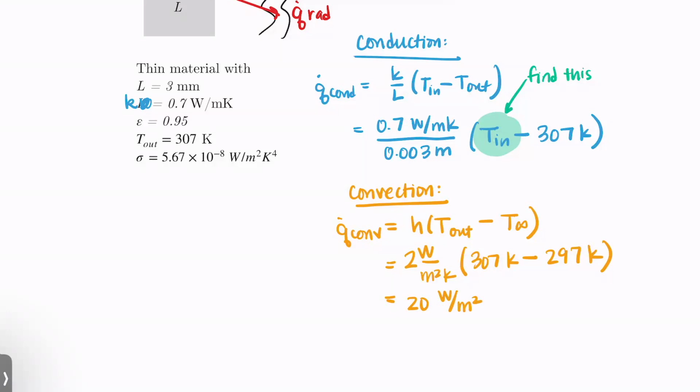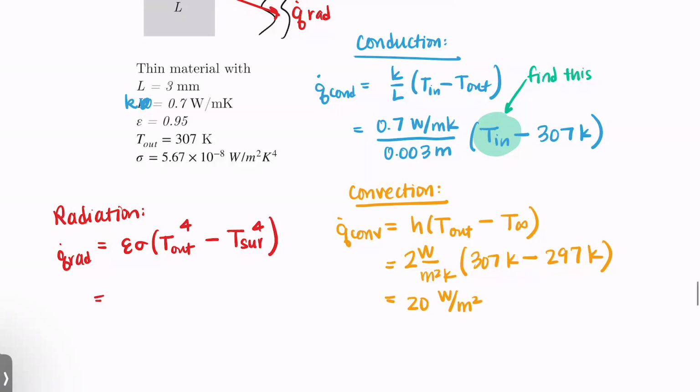And then last but not least, let's do radiation. Q dot for radiation is equal to epsilon times sigma times T out, our surface temperature, to the fourth power minus the temperature of our surroundings to the fourth power. We have all of this information as well. Epsilon is 0.95.